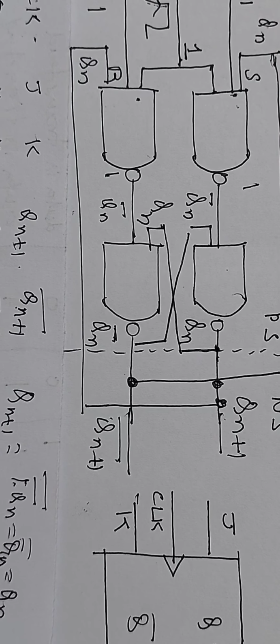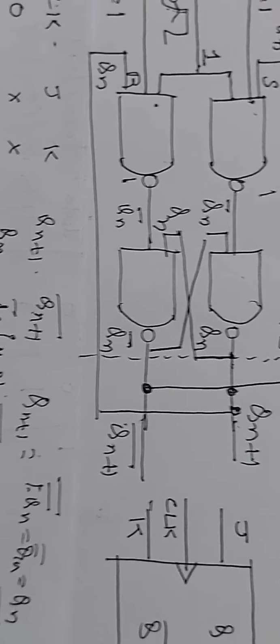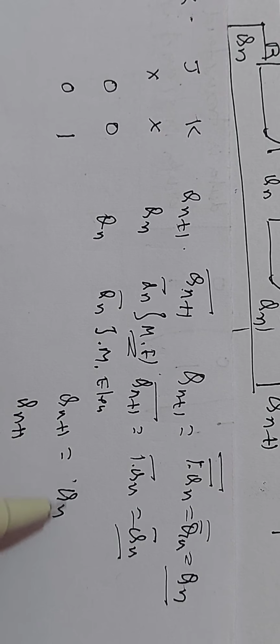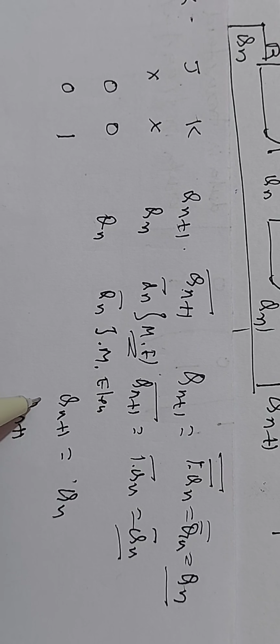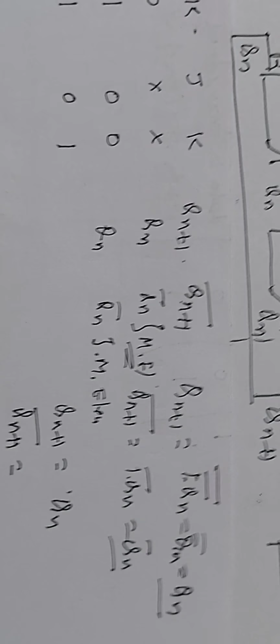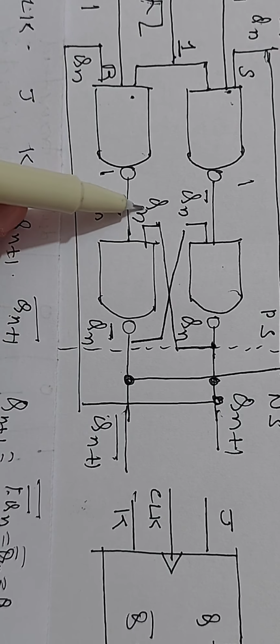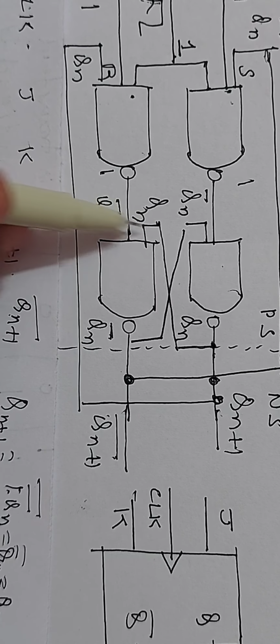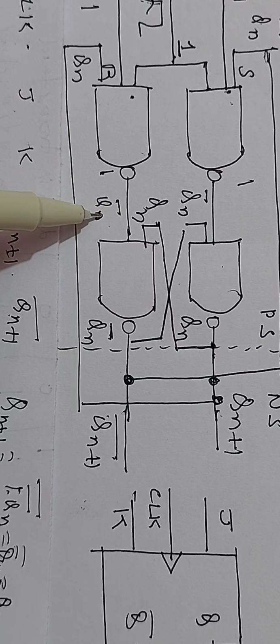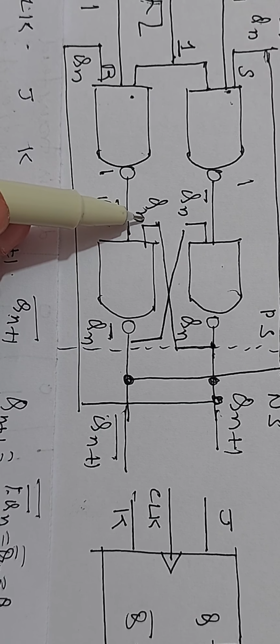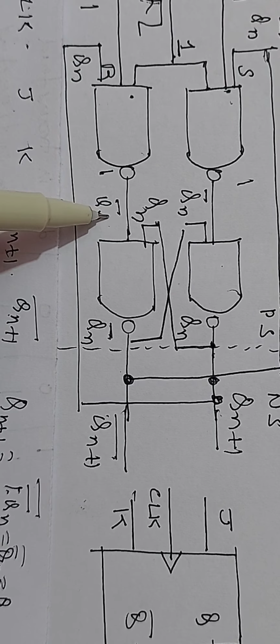And what is Qn plus 1 bar? Qn plus 1 bar is equal to, now Qn and Qn bar are the inputs. Therefore, Qn into Qn bar is 0, because if Qn is 0, Qn bar is 1, and if Qn is 1, Qn bar is 0.